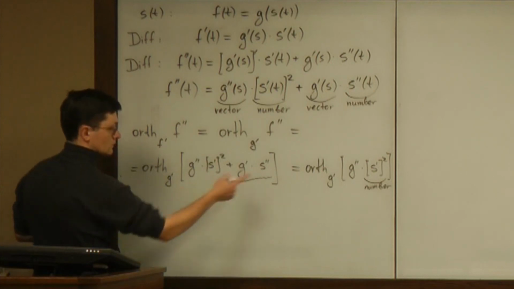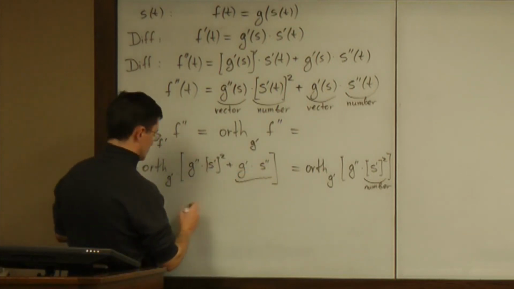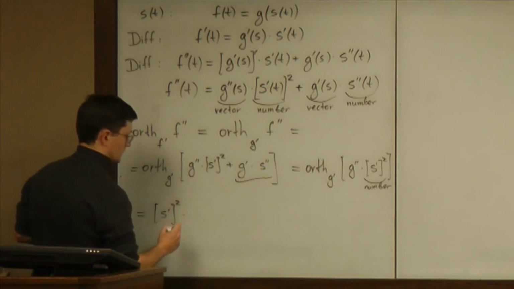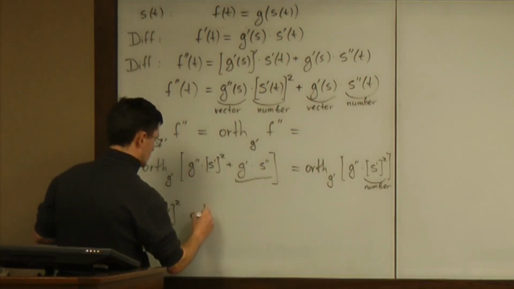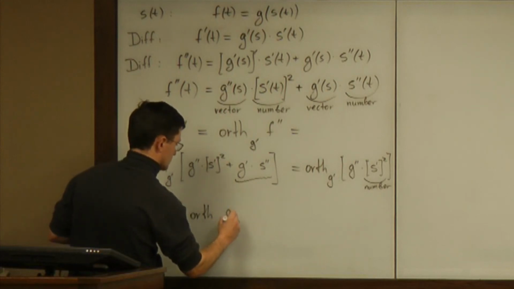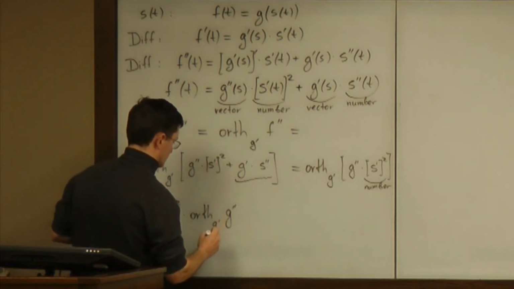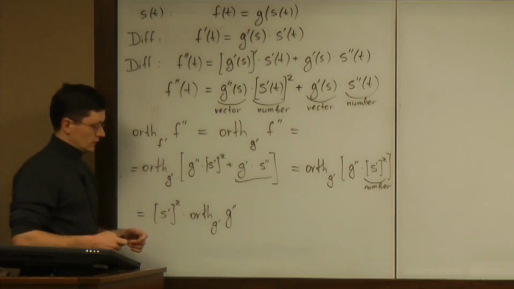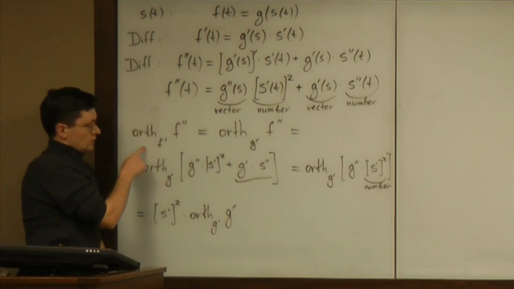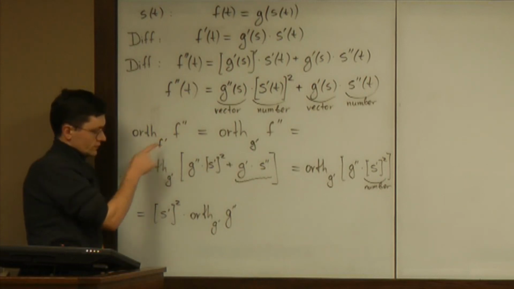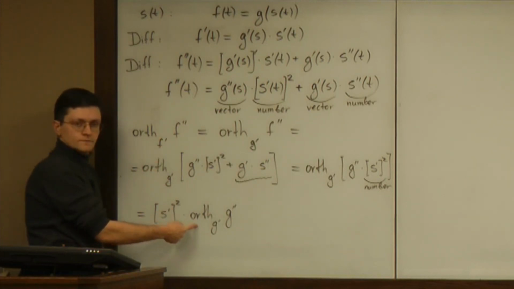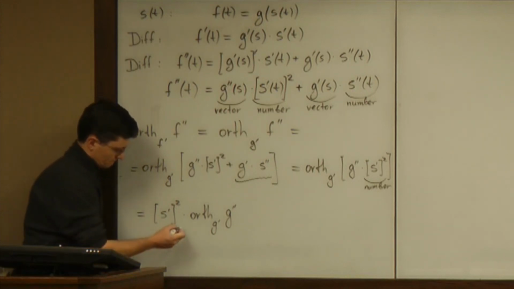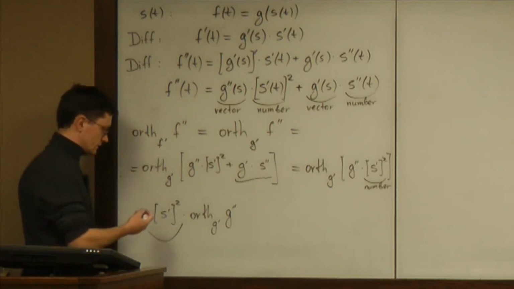That means that vector is equal to that number, s prime squared, times the orthogonal component of g double prime with respect to g prime. And what we finally have is that our orthogonal component for the first car is proportional to the orthogonal component for the second car. The only question is, what is that?